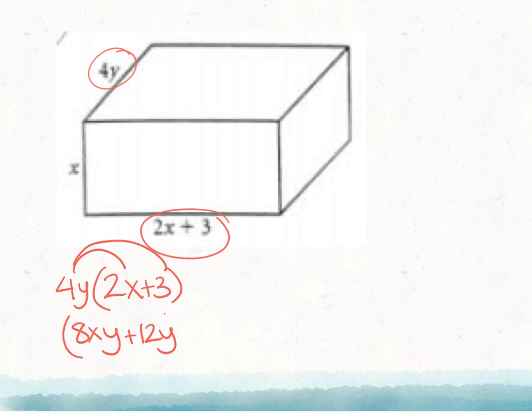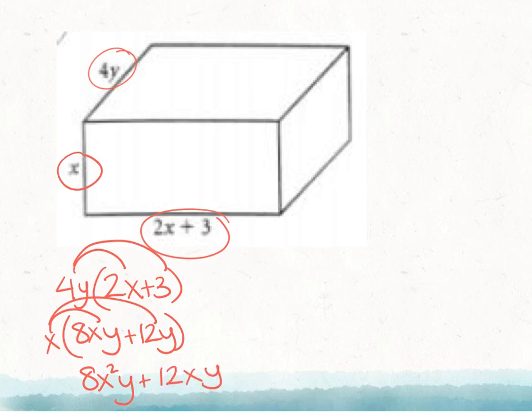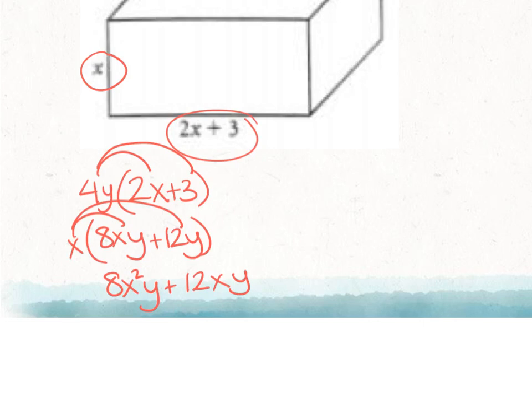I need to take that entire area of the base times my height, x. And again, I need to distribute. So I'll get 8x squared y plus 12xy. And we always list our variables from greatest exponent to least exponent and in alphabetical order.